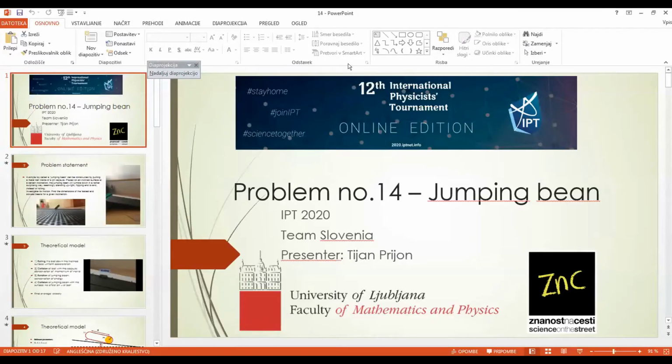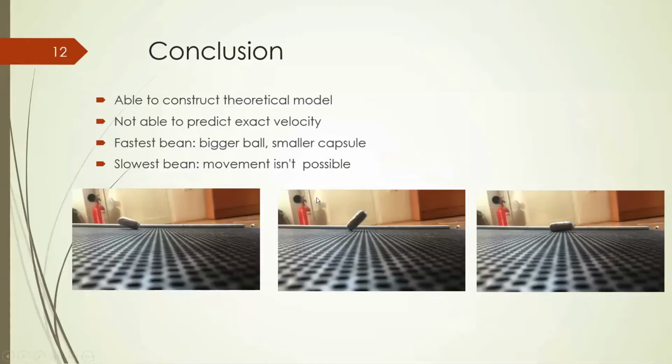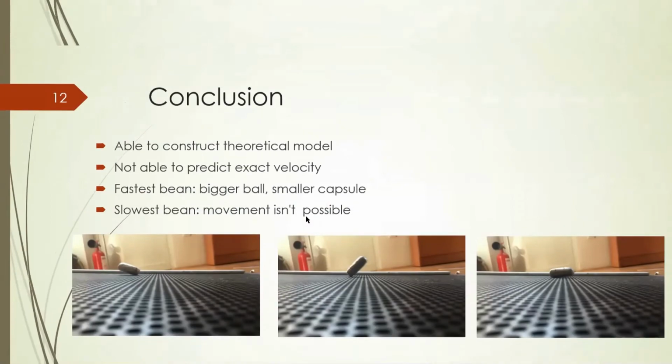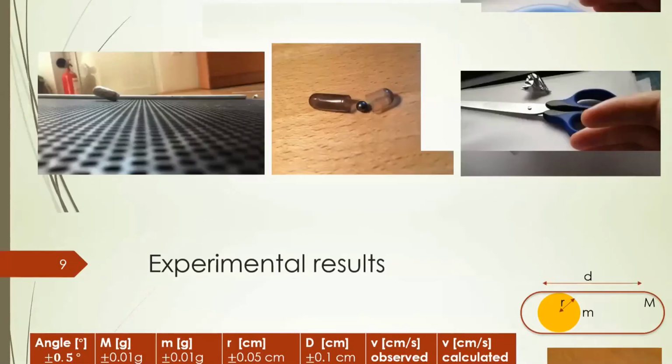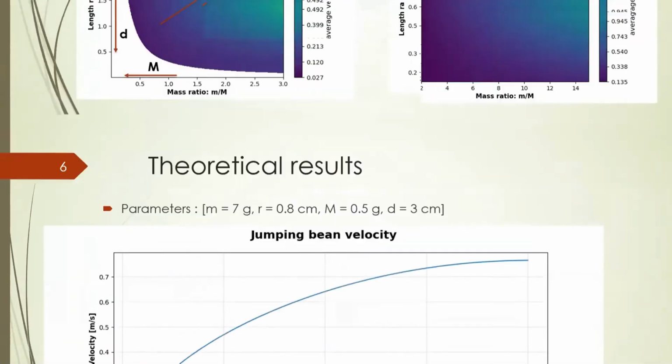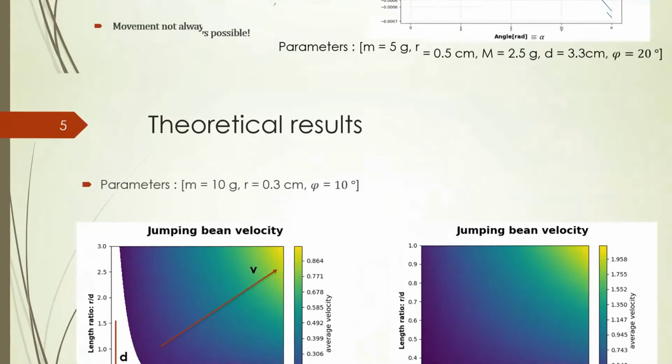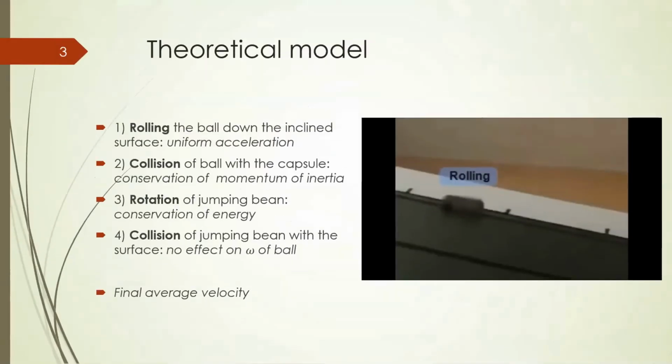You say that there will be no effect on slide 3. So what you say there is that there will be no effect on the angular velocity of the ball in the second collision. However, if you play it, you will see that it hits the ground and then it goes a little bit back.